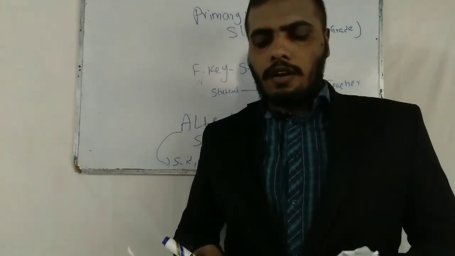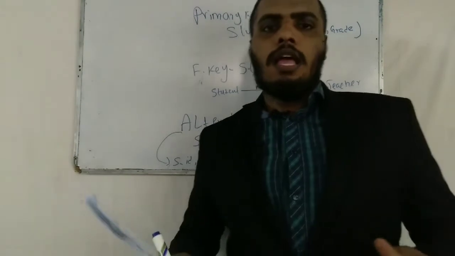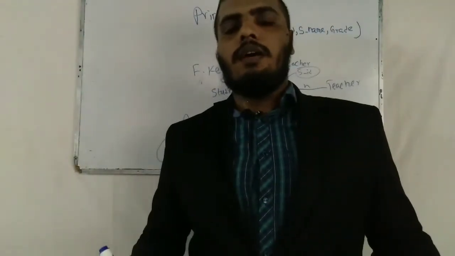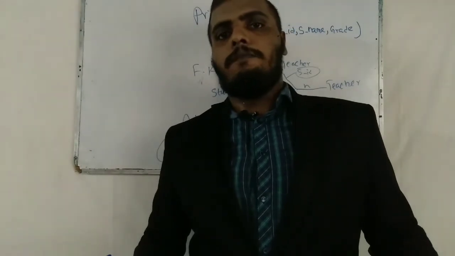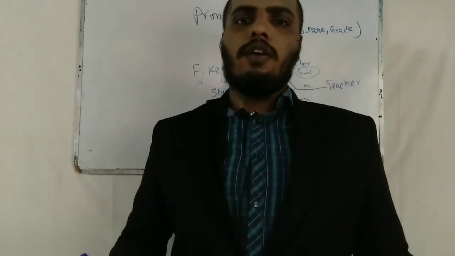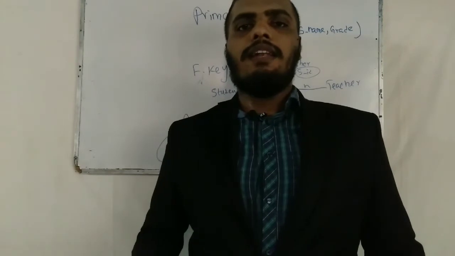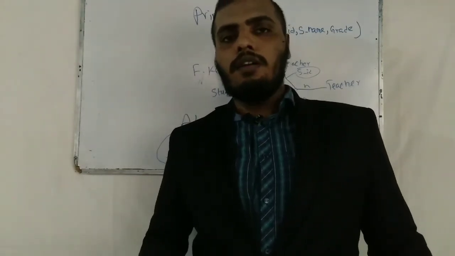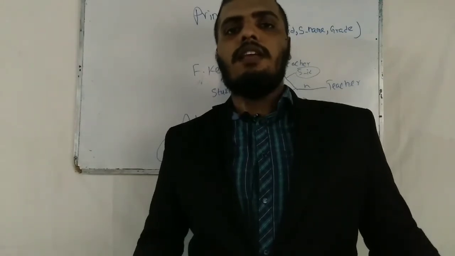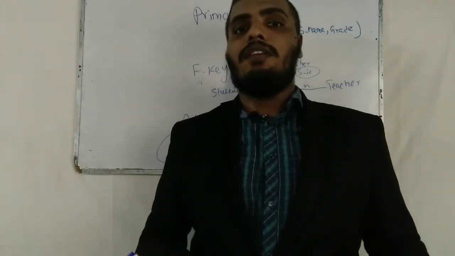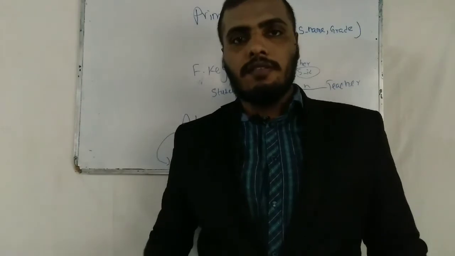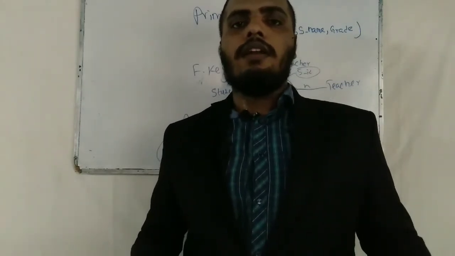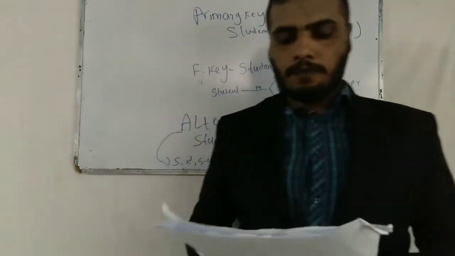A table cannot be created without a primary key. As a good habit or a good principle, we use a primary key for a table, but it doesn't mean that it is a must. We can create a table without primary keys, but if we are not using the primary key, the database becomes a mess. But that doesn't mean that we can't create a table without a primary key.